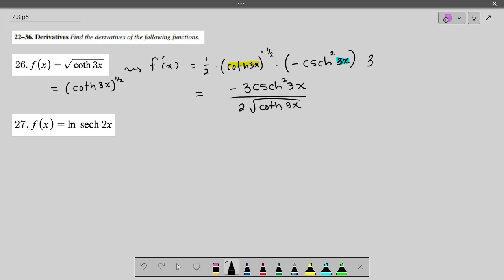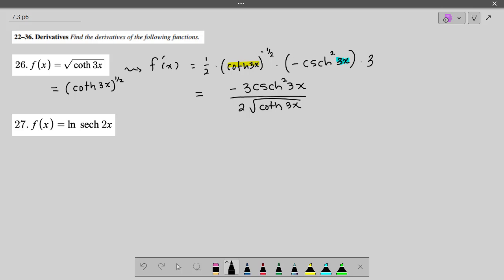And unless the question says go back to sinhs and coshs, you can just leave it like that. If they wanted us to go back, there would be some other combining of things that we could do. But let's just leave it as is.